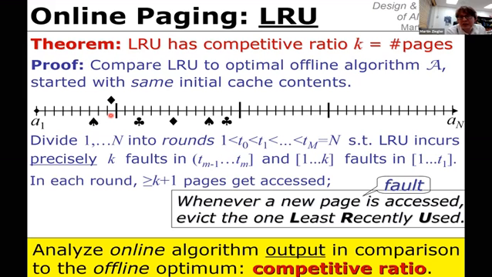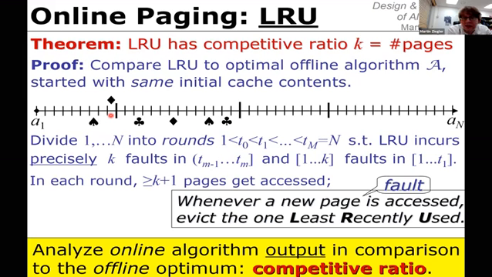If this page has been evicted, and it must have been evicted in order to suffer another page fault during the round, then in between at least k other pages must have been accessed, and together with the current page, that makes k plus 1 different pages being accessed. And these are all possible cases.